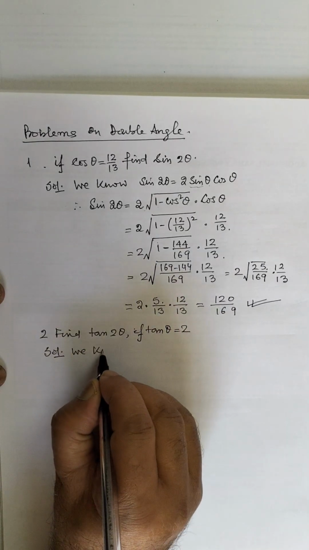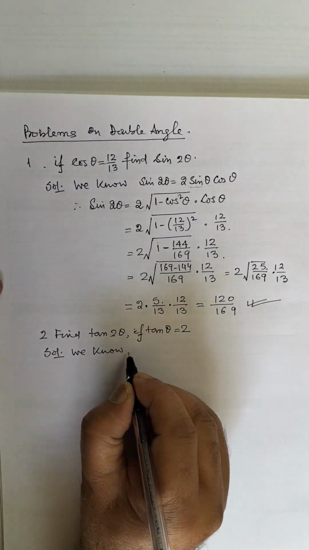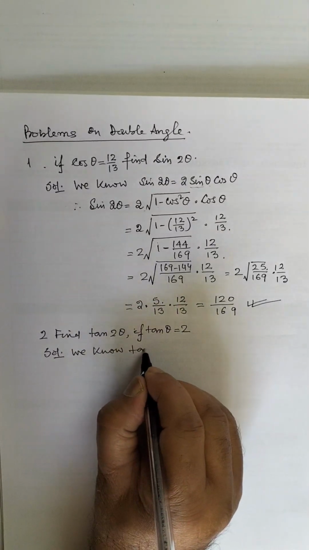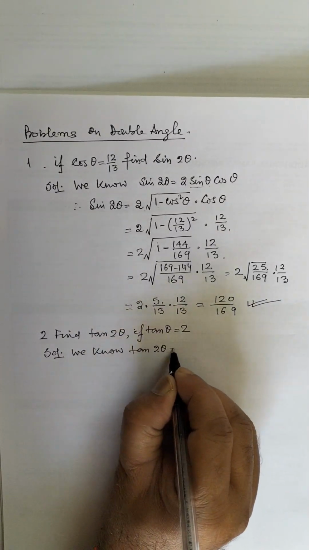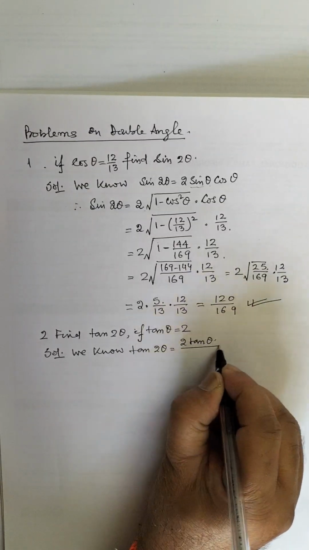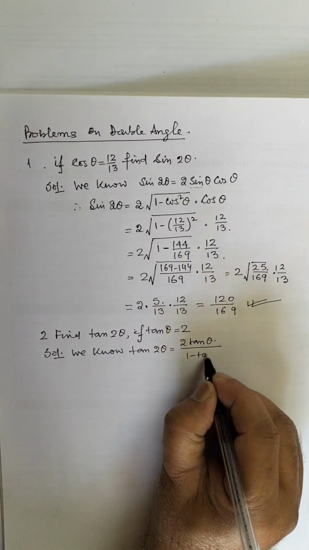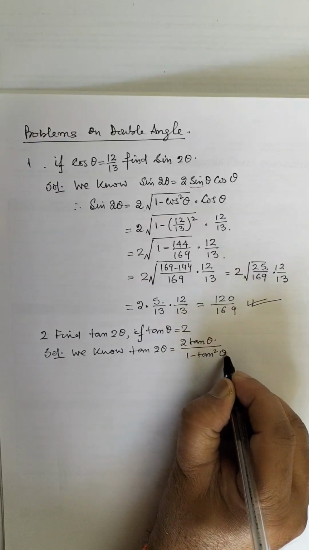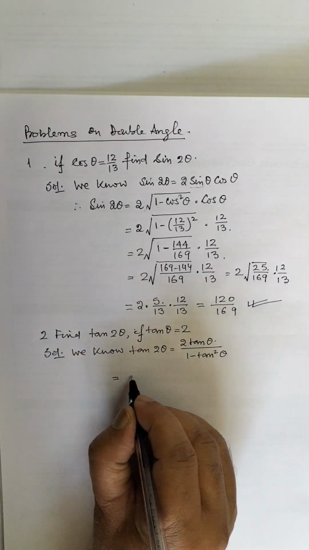We know tan 2 theta is twice of tan theta upon 1 minus tan square theta. Just put the values.